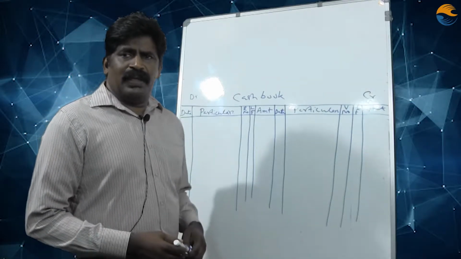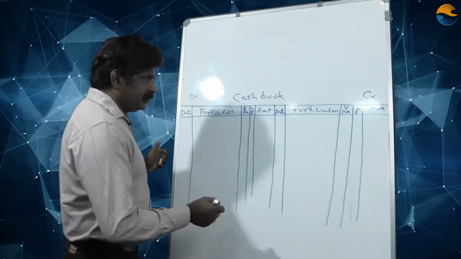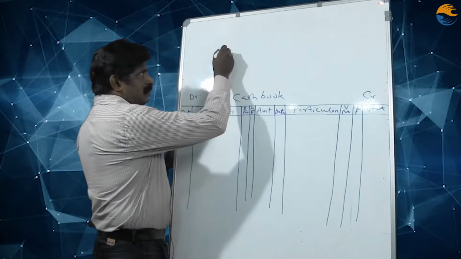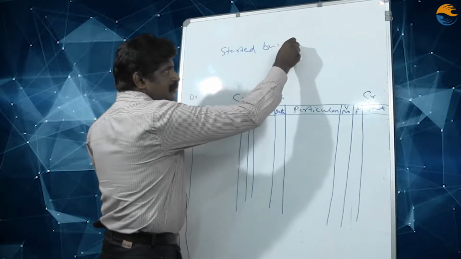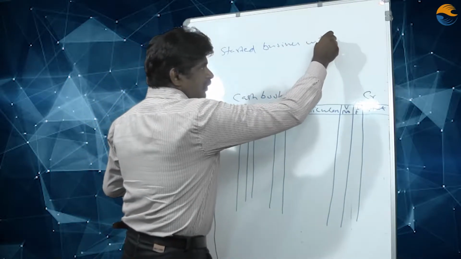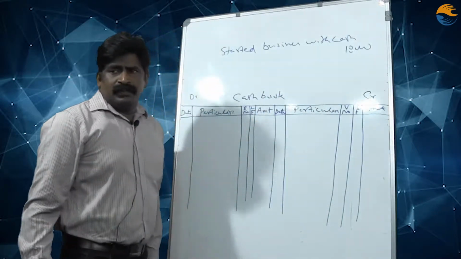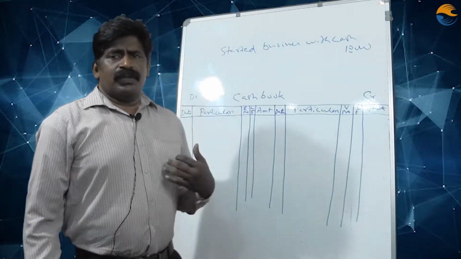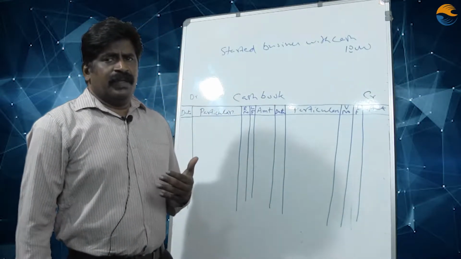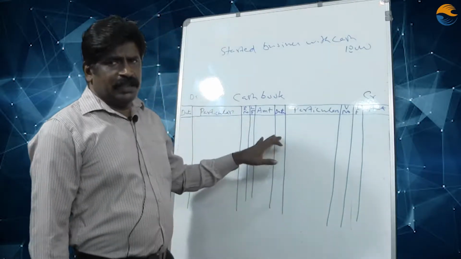At first we have to analyze a transaction. I write a transaction here. It is: started business with a cash 10,000. If this is a transaction, we have to consider ourselves as the business, and when we record this transaction in our books, this is a cash book.